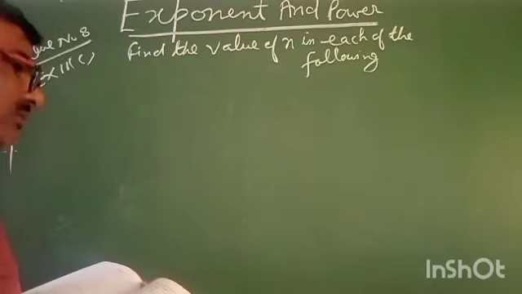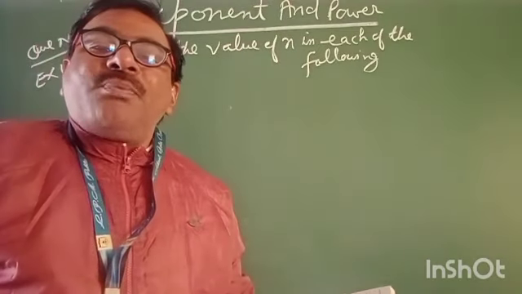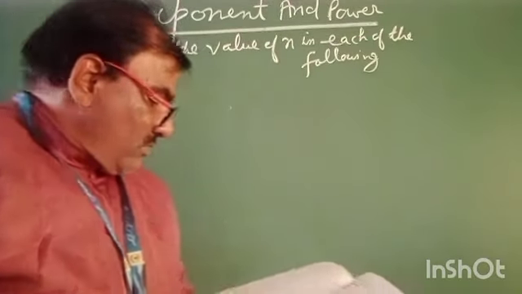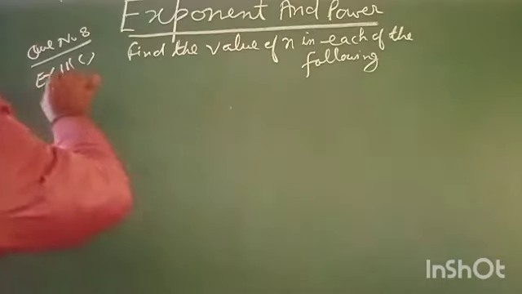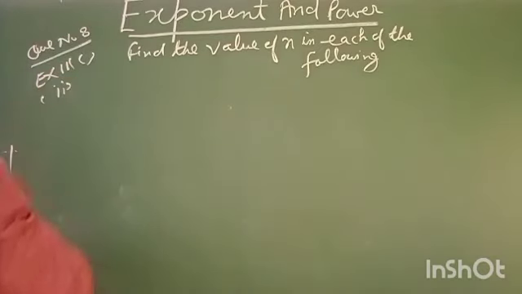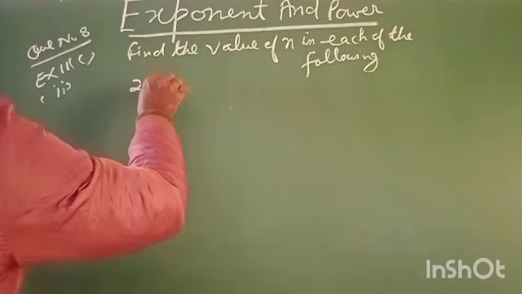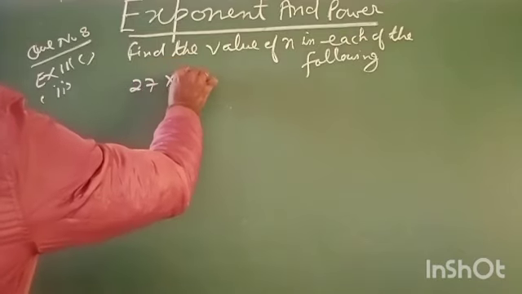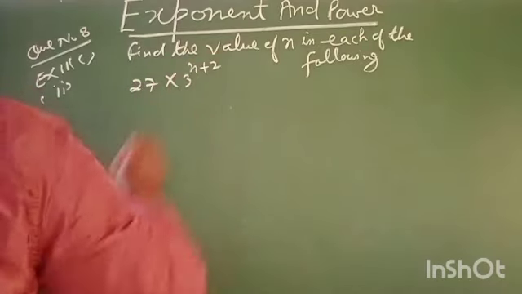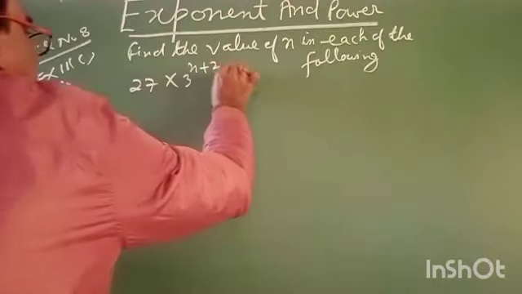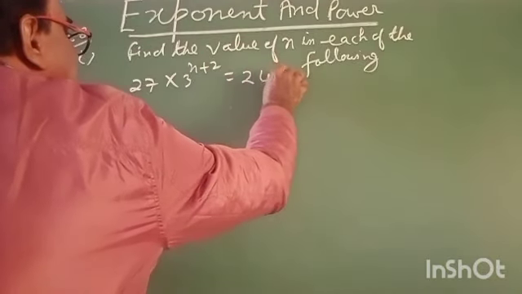The second part of question number 8 is 27 multiplied by 3 to the power n plus 2 equals 243.